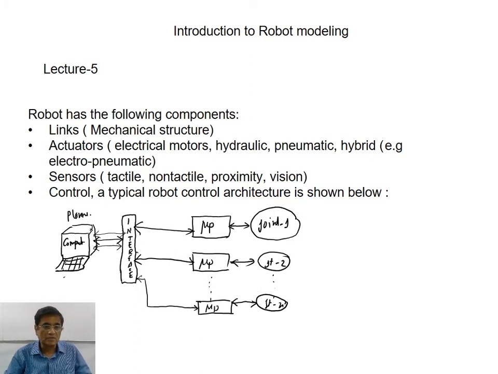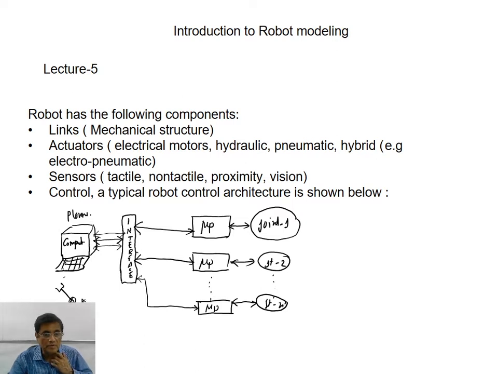Planner does all kinds of planning level activities. Then the result will be some output. Say we are trying to move a robot. It has an actuator, a motor, here, and another motor here.